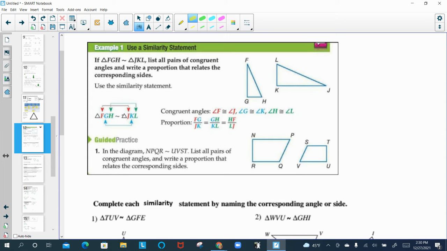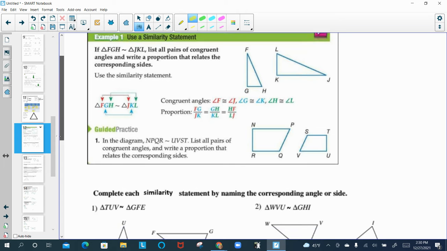However, our angles, F goes with J. That means angle F and angle J are still congruent. Angle G and angle K are still congruent. Angle H and angle L are still congruent. But if we're looking at our sides, FG and JK are now forming a ratio. GH and KL are now forming a ratio, and FH and JL are now forming a ratio.